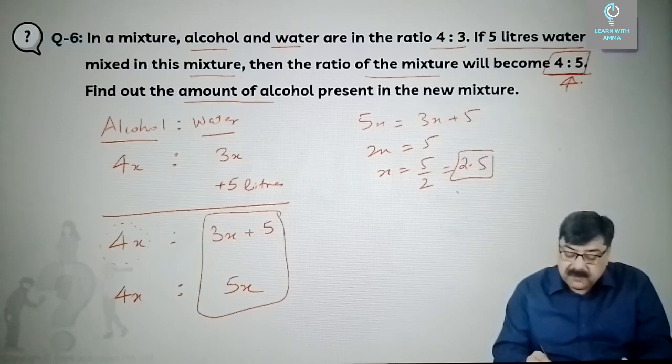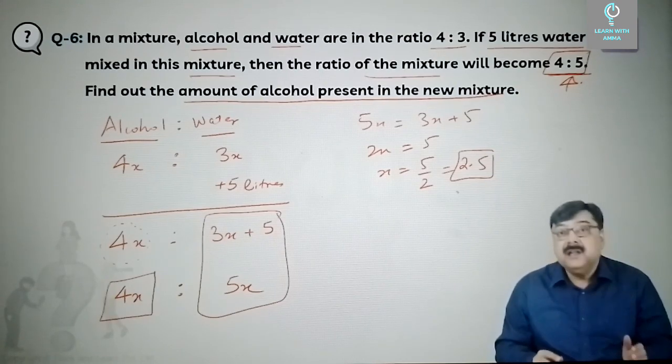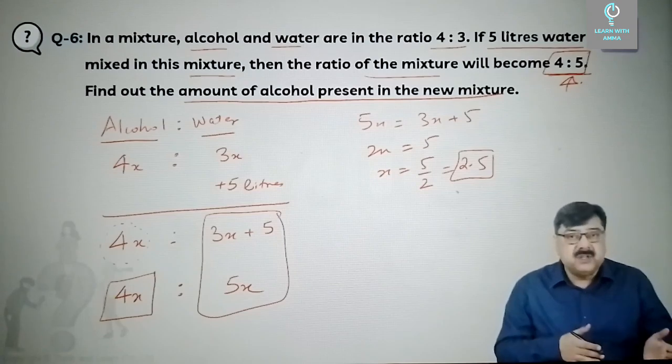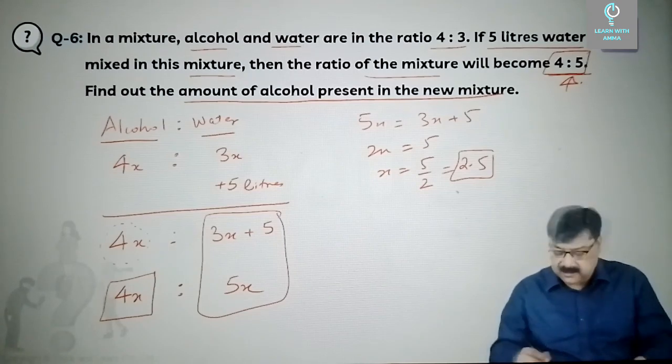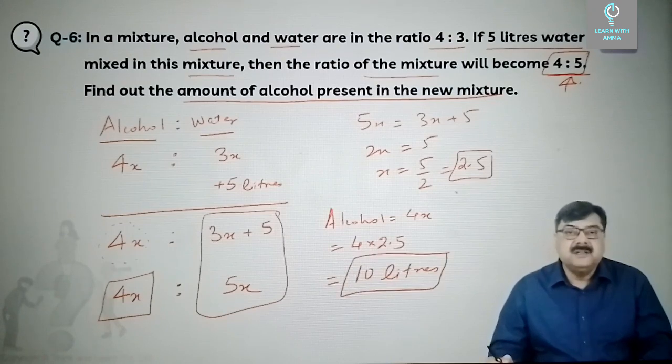Now find out the amount of alcohol present in the new mixture. Amount of alcohol in the new mixture as well as the previous one remains the same, that is 4x. Amount of alcohol here is 4x, that is 4 into 2.5, that is nothing but 10 liters.